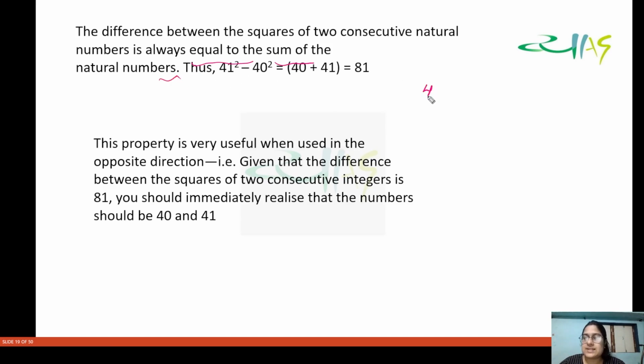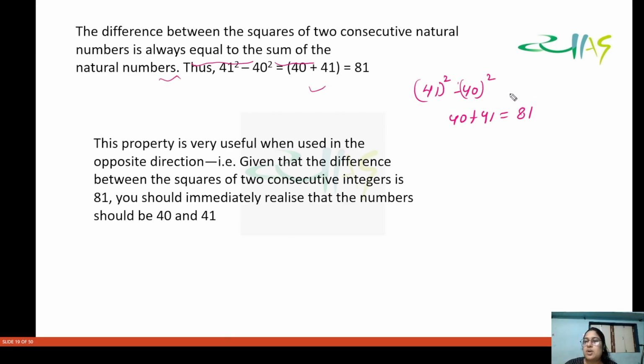So for example, 41 square minus 40 square. The difference between the squares of two consecutive natural numbers is always equal to the sum of those numbers. So sum it, 40 plus 41, and you are getting 81. All right. Now everybody can find the square.